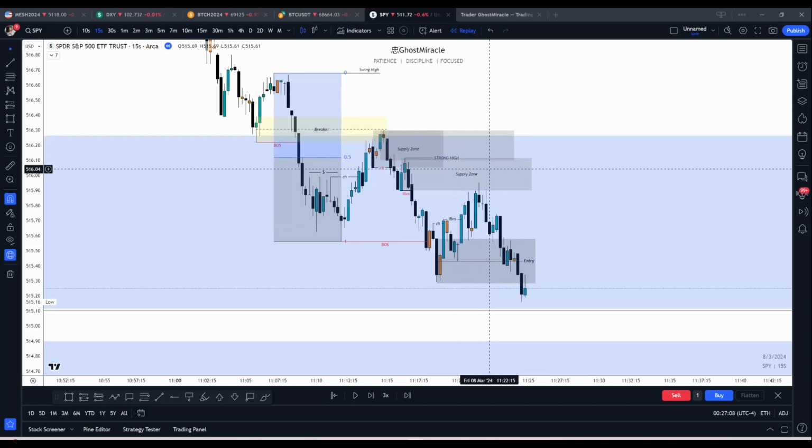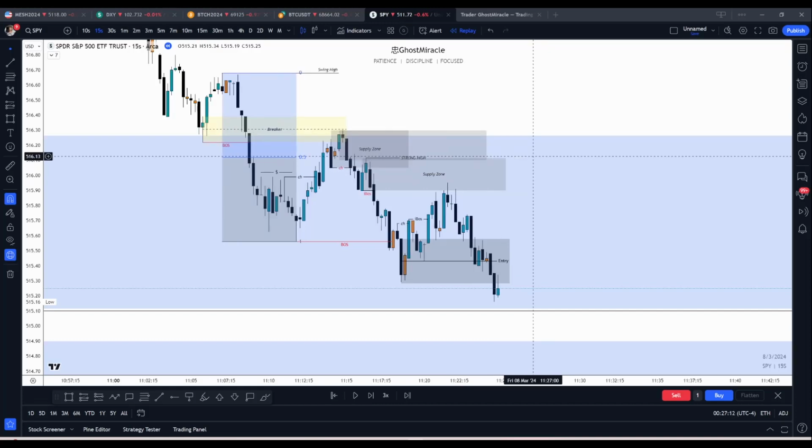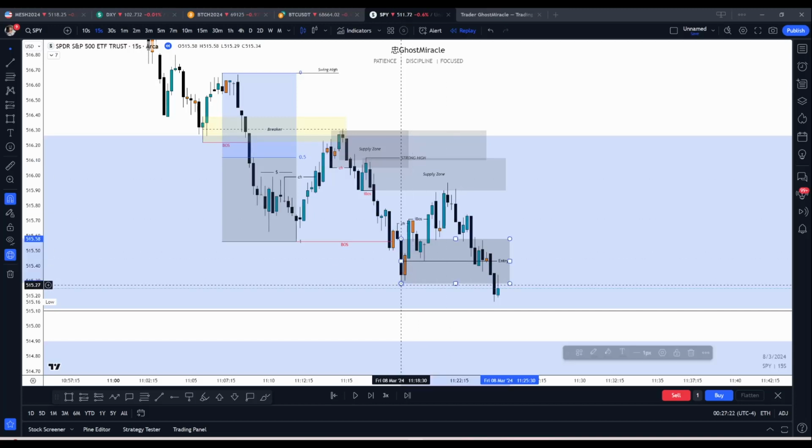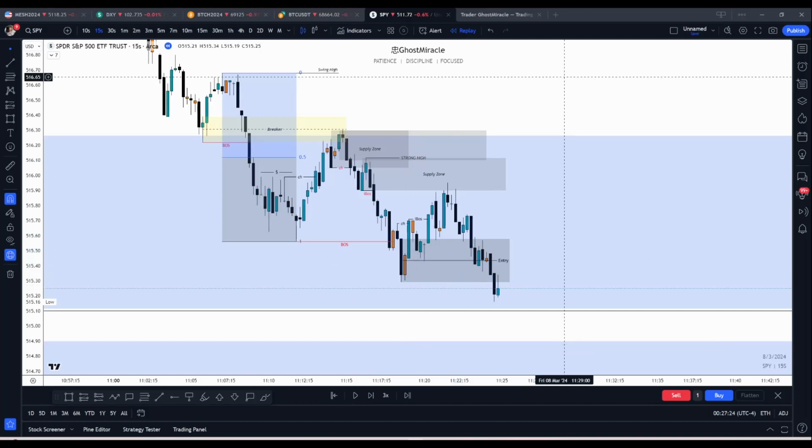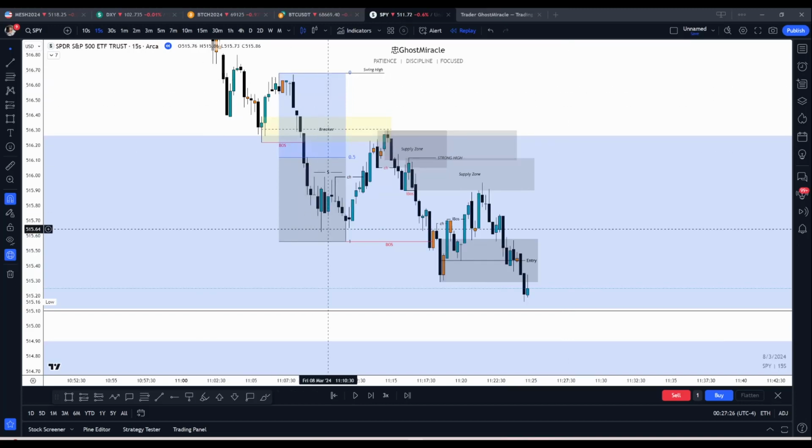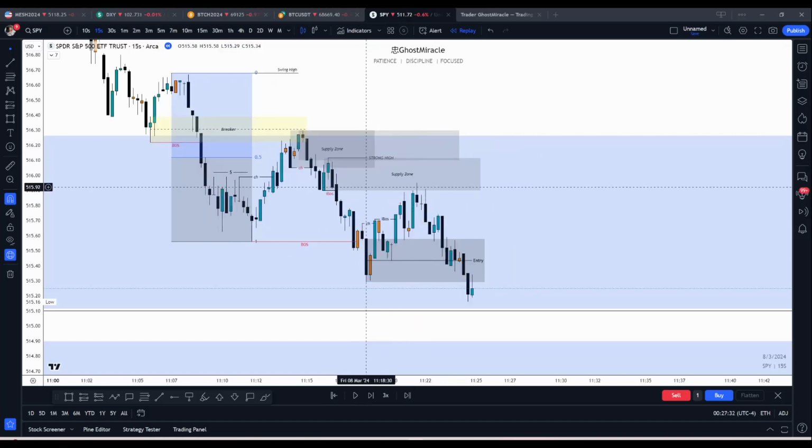So if you're looking for buys, and price is reacting off of the discount, if you will, then I would expect this low to fail because it's continuation, right?